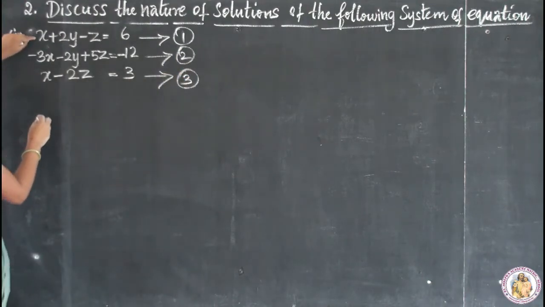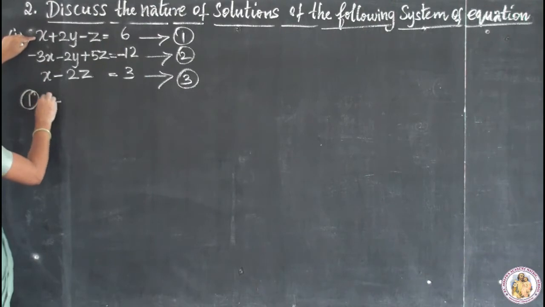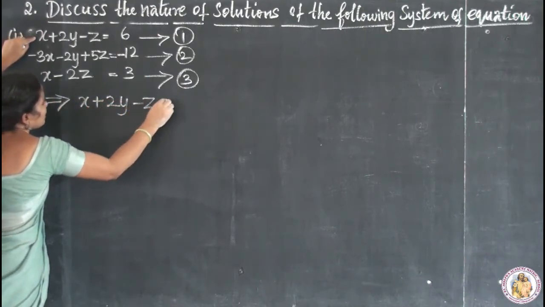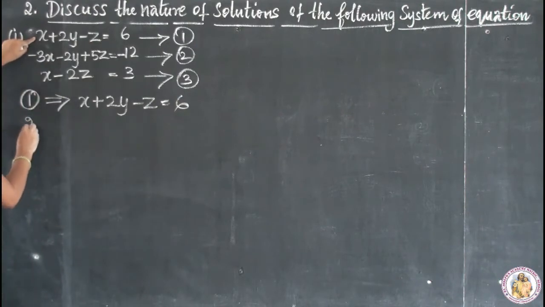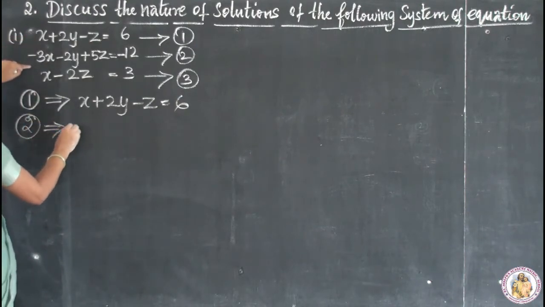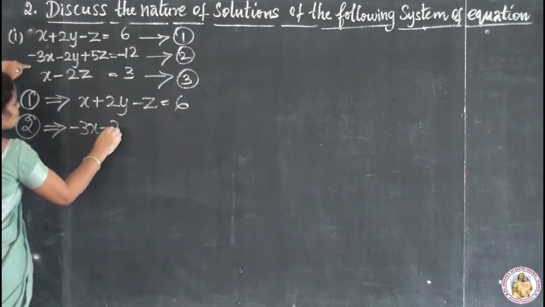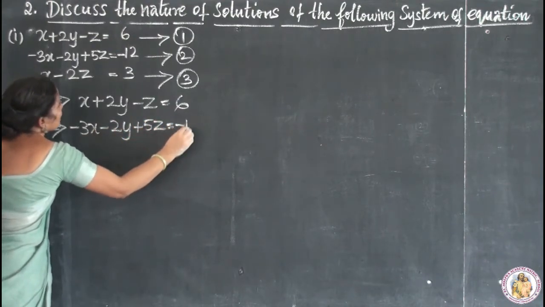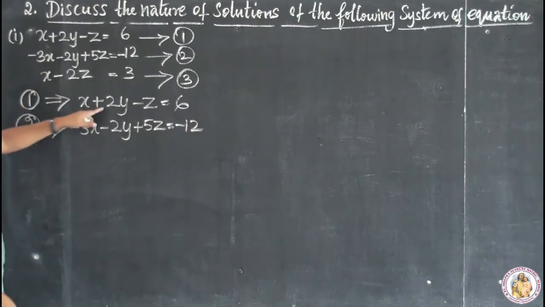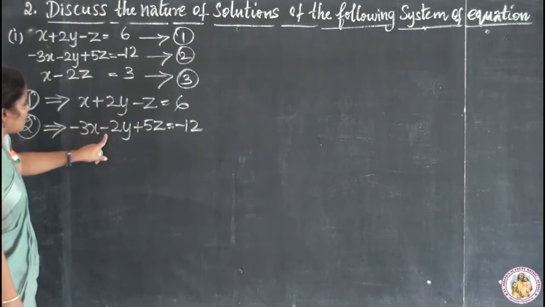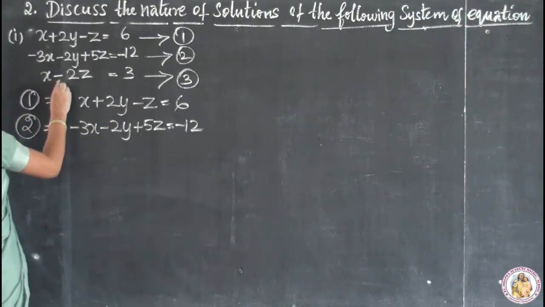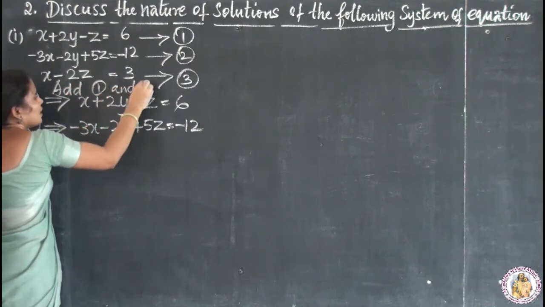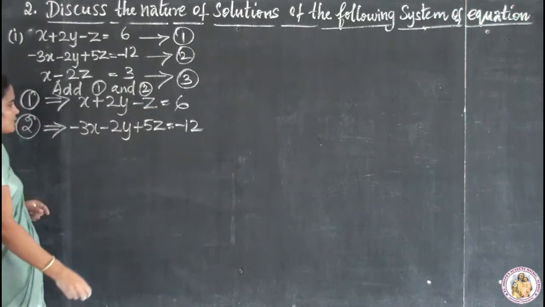Taking the first equation and the second equation, x plus 2y minus z is equal to 6, and the second equation, minus 3x minus 2y plus 5z is equal to minus 12. Here we can see plus 2y and minus 2y. So we will add 1 and 2. The signs are the same, we have to subtract.